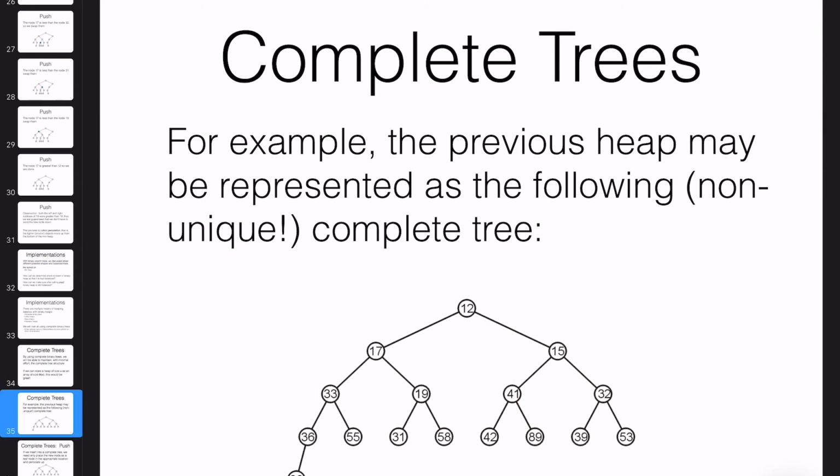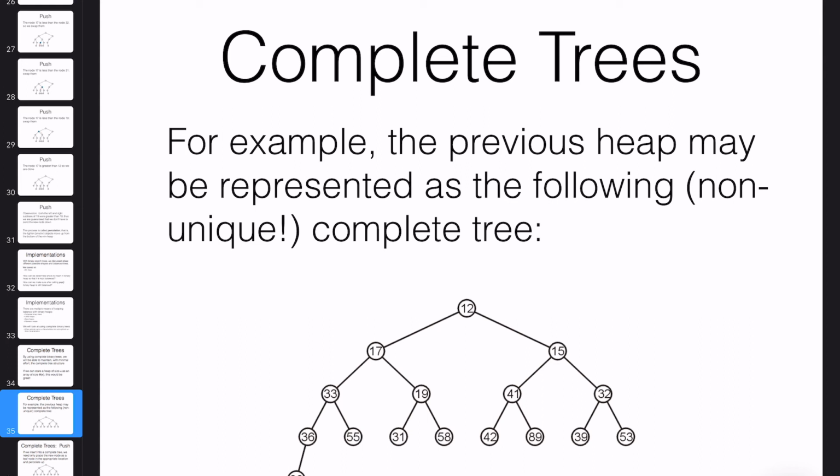Remember, it was like a perfect binary tree, and if the number of nodes is not exactly 2 to the power n minus 1, you can start filling all the levels from the root one by one, all the levels until the last level, and you fill it from left to right. So here I have 16 nodes, so this is going to be a complete binary tree.